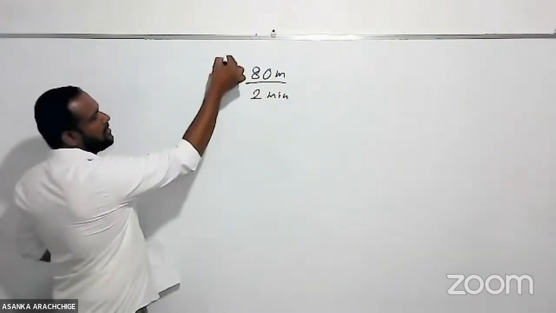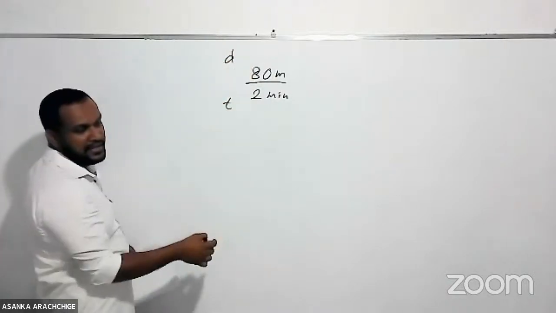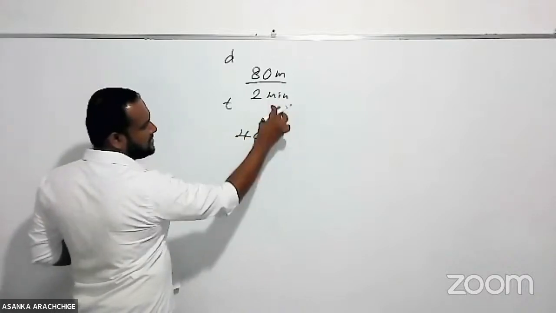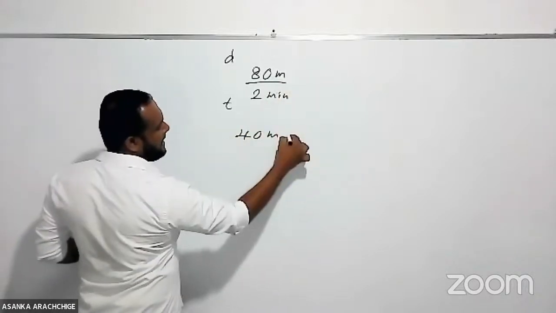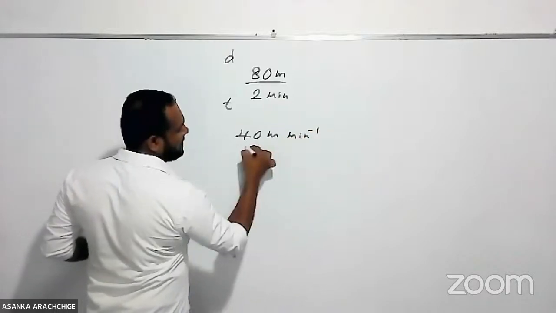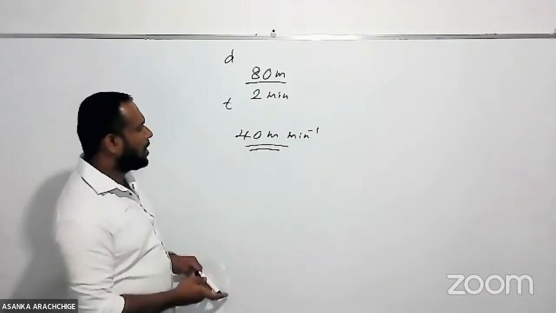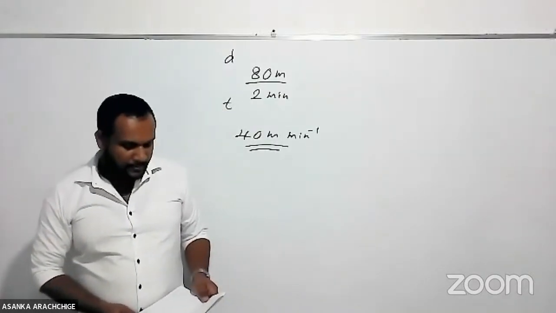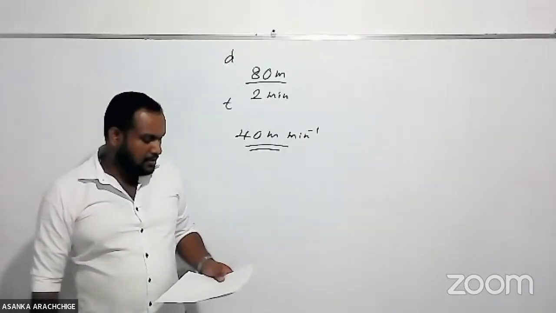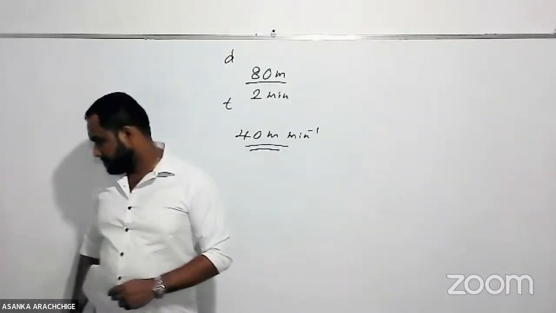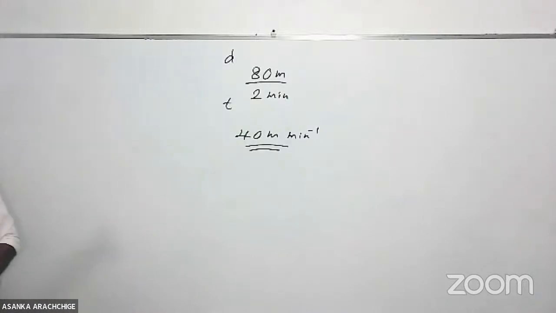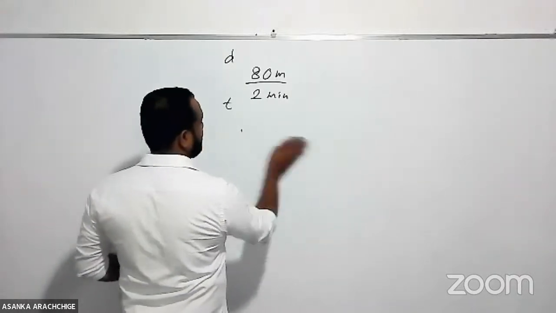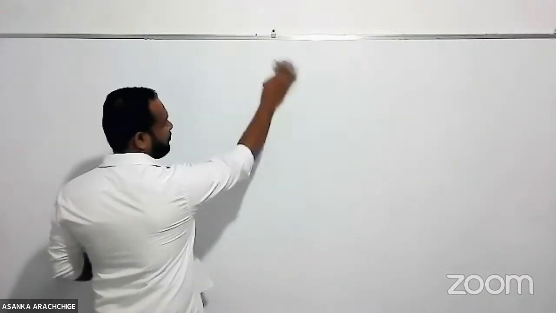Speed equals distance divided by time taken. 80 by 2 is 40 meters per minute, written as meters minutes to the power minus 1. Answer: 40 meters per minute.